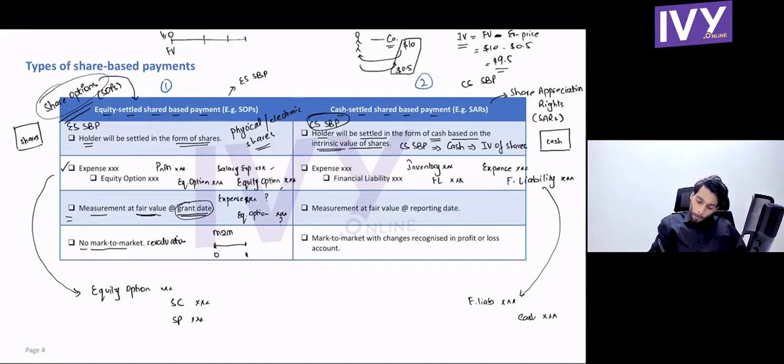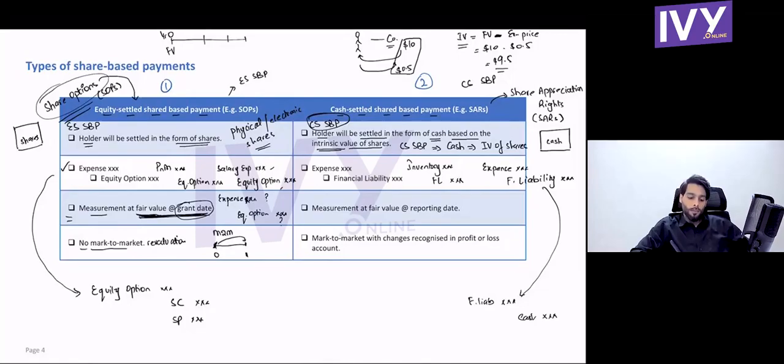You are going from point A to the most recent market value, mark to market. We revalue. All right. So in equity settled share based payments, no mark to market is going to be done. That means you are always going to use fair value at grant date. No mark to market will arise. No mark to market is acceptable.